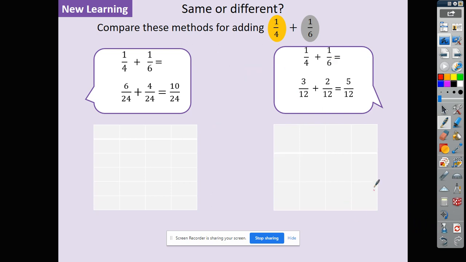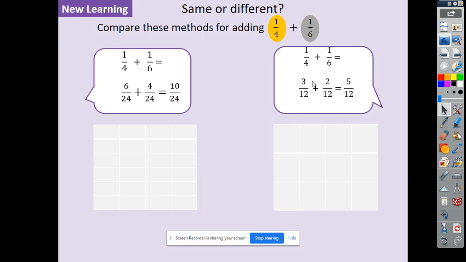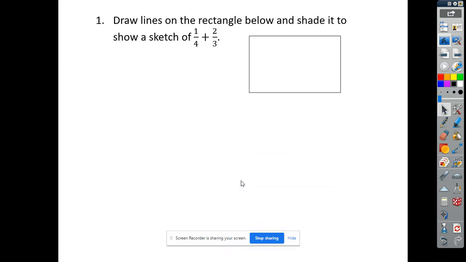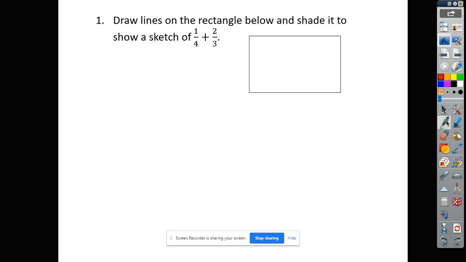So let's have a look at one of these. So we're going to have a look at a quarter plus 2/3. Now I know that I can split this into our quarters and thirds like we've done before, but let's just double check to see if that is the optimum way to do it.